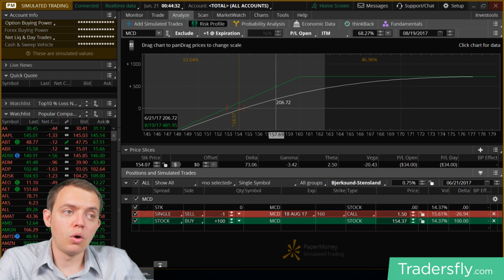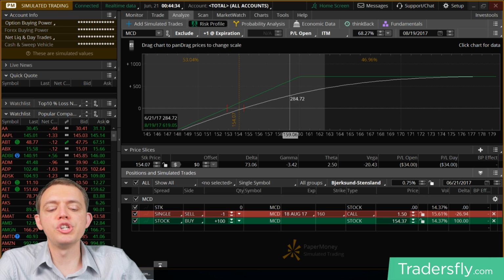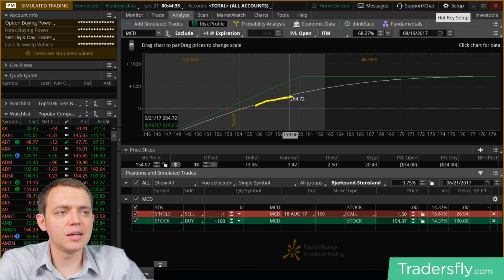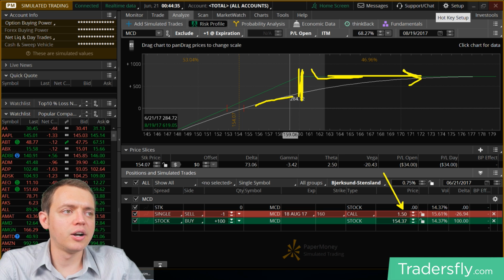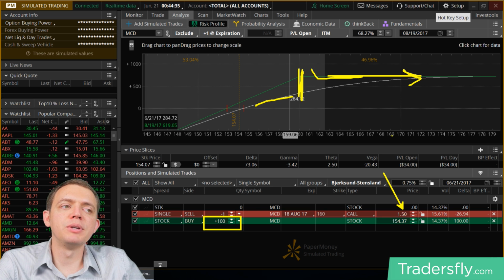And if it continues to go up, I make my appreciation from my stock, but I lose a little bit of money from that option contract, especially as it continues to head higher. Now the difference is because I have 100 shares of stock, if it goes beyond it, they'll take away my 100 shares of stock.